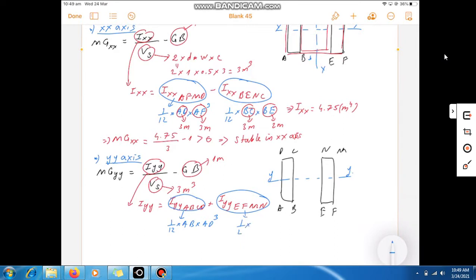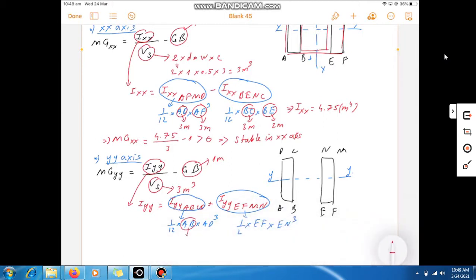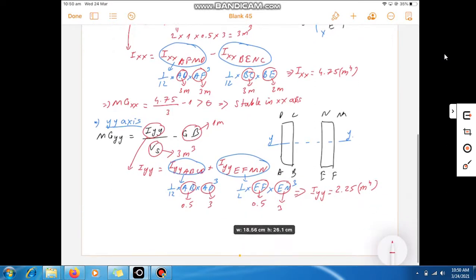Okay, if we use IYY of ABCD and IYY of EFMN, firstly have a look at IYY of ABCD. We have the equation for a rectangle, 1 over 12 of A parallel with YY. A will be AB, the other side is B, AD to the power 3. Okay. And similar for IYY of EFMN, 1 over 12 A parallel with YY is EF times B, EN to the power 3.